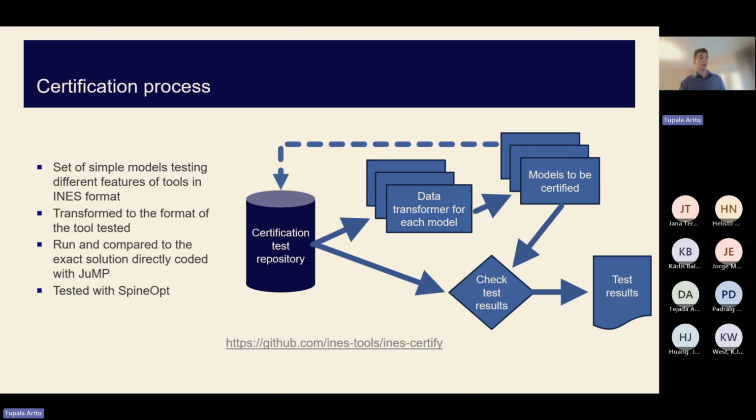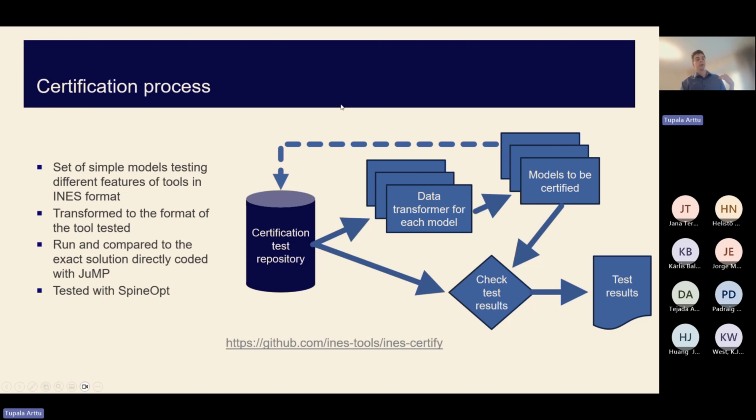Then we have a certification process, the idea of which is that we have some models. The idea is to be able to certify that the models work correctly. That's the main idea of the certification process. How it works is that we have a repository of these kind of simple models that test a specific feature of the tools.